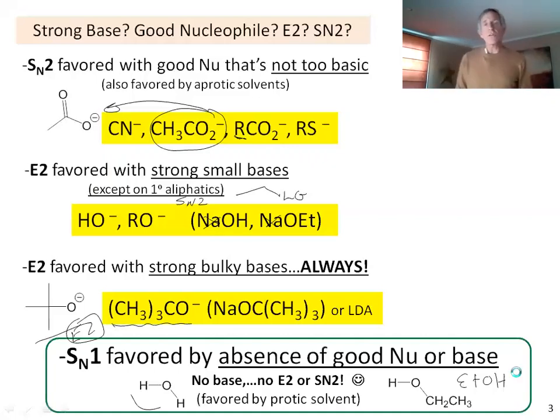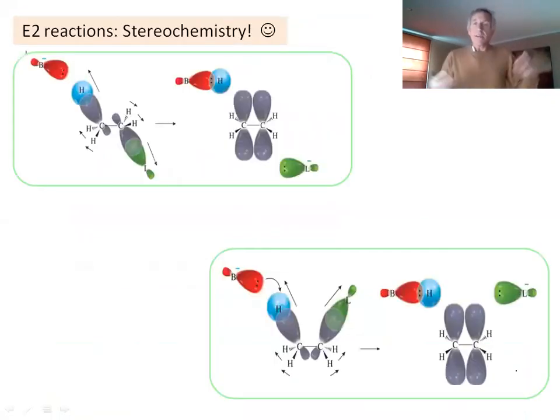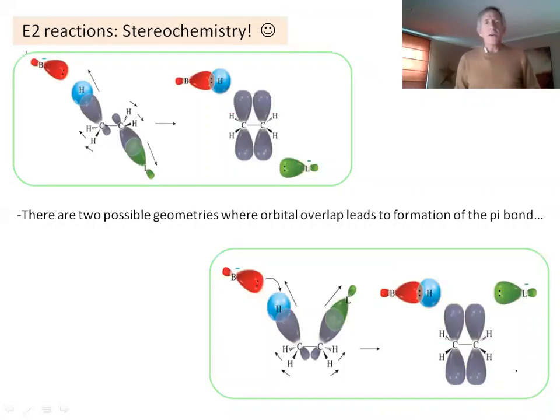Okay, so let's get back to our stereochemistry of the E2 reaction now that we know what these bases are all about. What I want you to gather from this slide is that there really are 2 ways that you could have your E2 process.